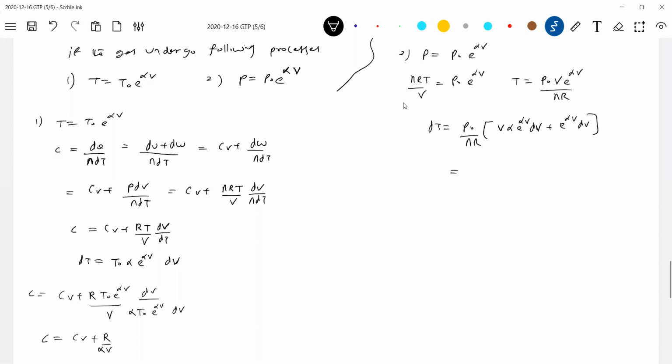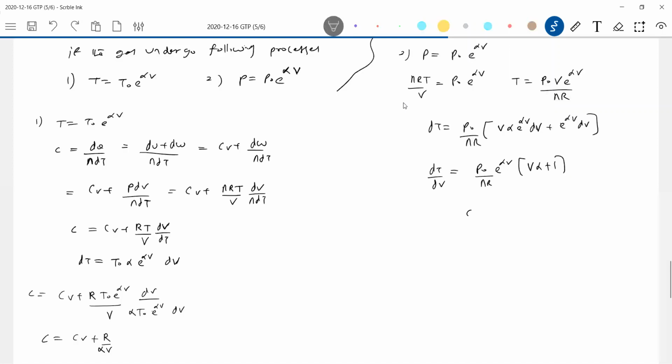So dT by dV equal to P naught by nR e to power of alpha V, alpha V plus 1. I wanted dV by dT, no?